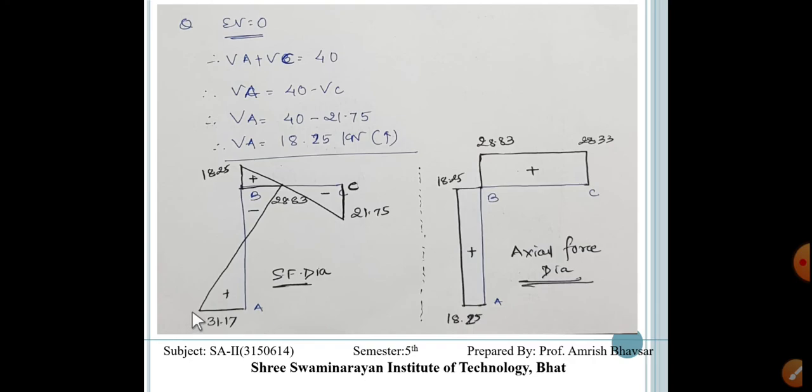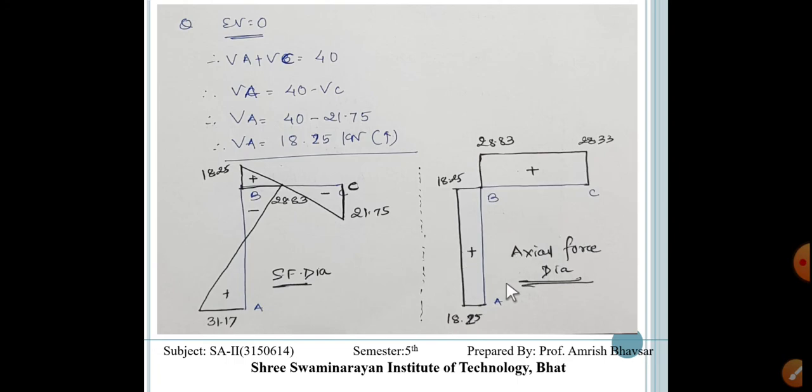Now it is minus 20 into 3, so we will get 28.83. So finally we will get the shear force diagram of AB. Now for BC, here vertical force, that is VA, and VA is 18.25 minus 20 into 2, so it is 21.75, it is plus. So plus minus, the shear force diagram is something like this.